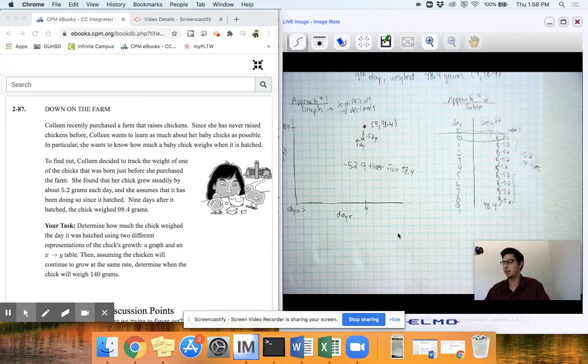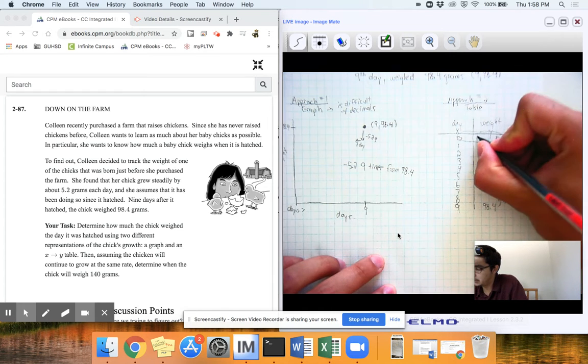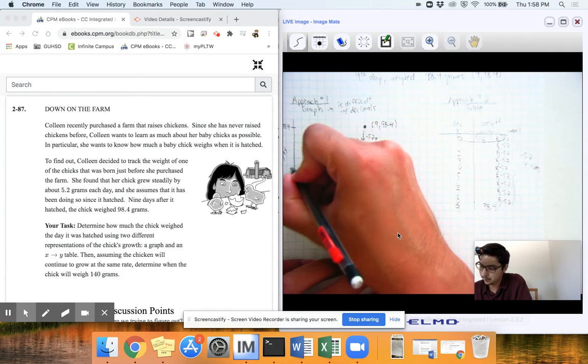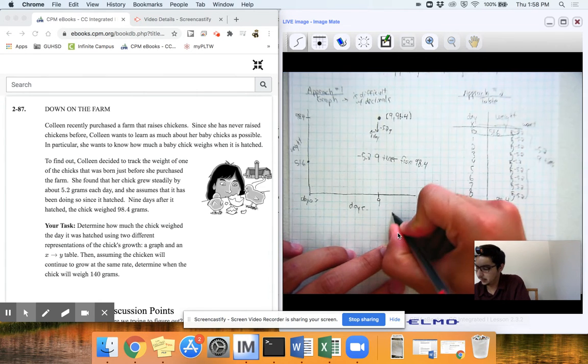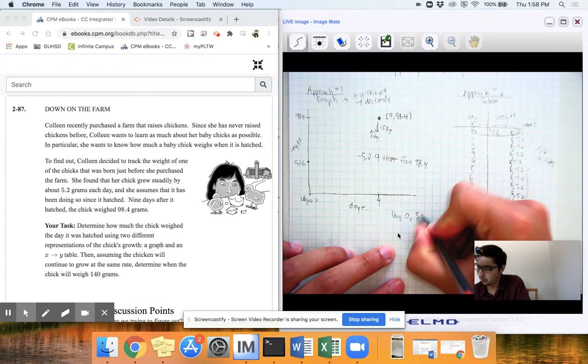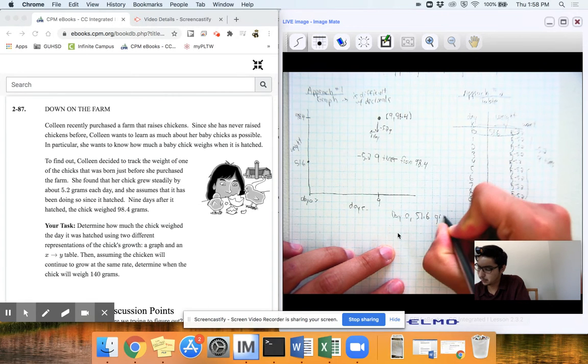In both of these methods, the correct answer, 98.4 minus 5.2 nine times, is 51.6 grams. That was the correct answer for this problem: on day 0, it was 51.6 grams.